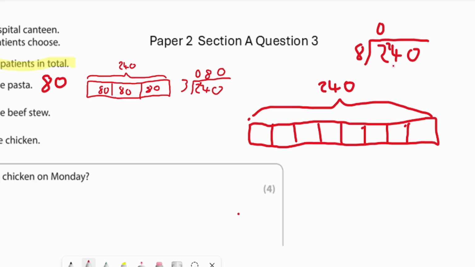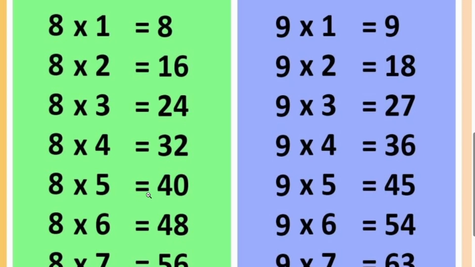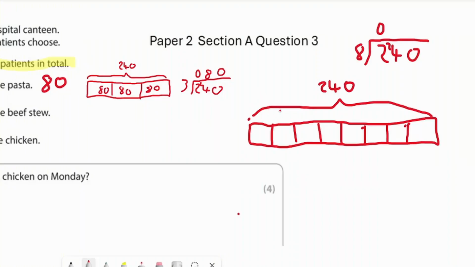How many 8's are there in 24? Got to recall our times tables here. The answer is 3 exactly. And then we move another step to the right here. How many 8's are there in 0? 0. Okay, so it's 30. So each part of the bar diagram is 30, and they're all equal parts.